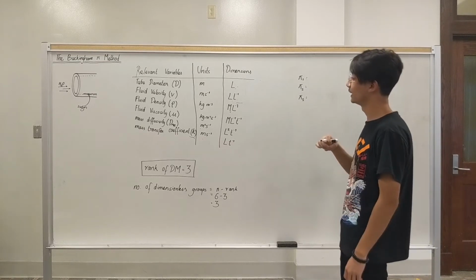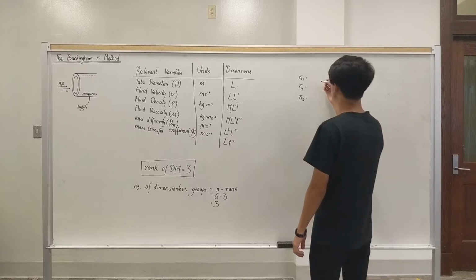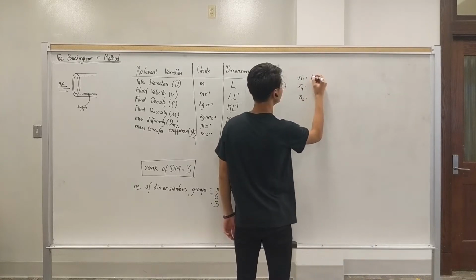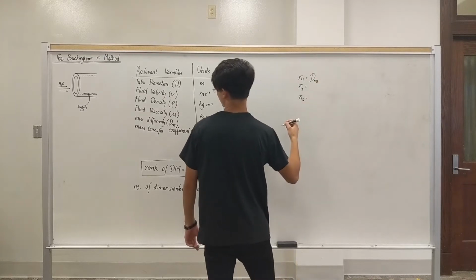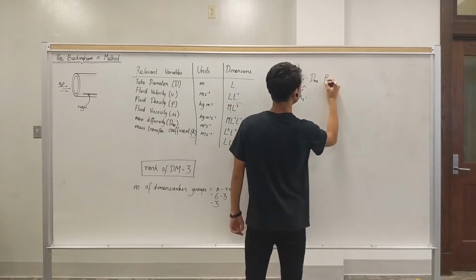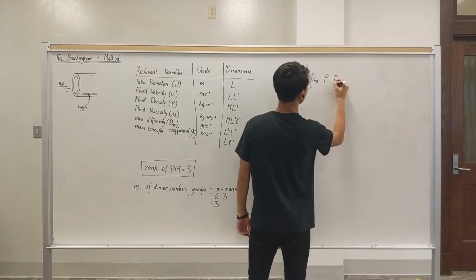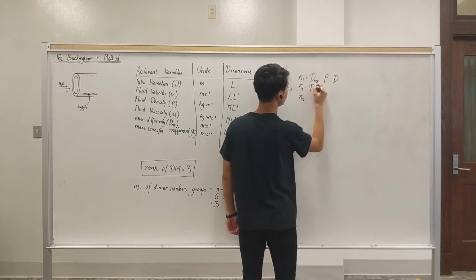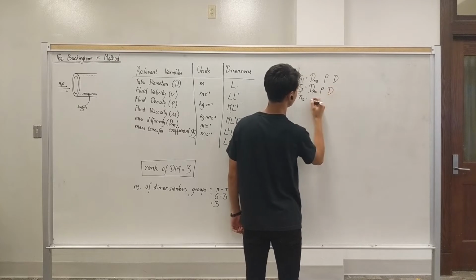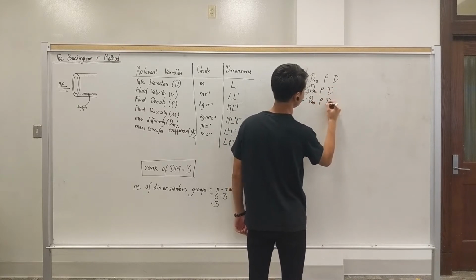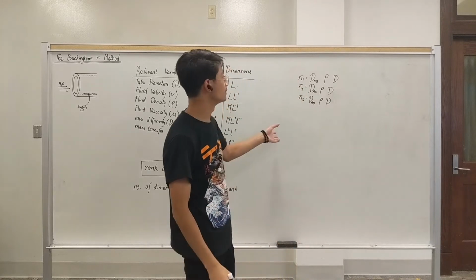So let's go ahead and write down our core group. That's going to be the mass diffusivity, then we have our density, and finally the diameter. Let's write that down in all of the dimensionless parameters. Now, we can't just stop at this.